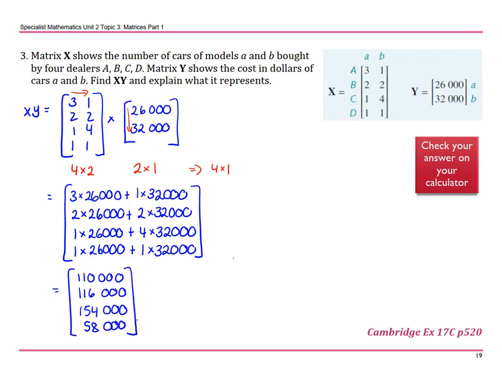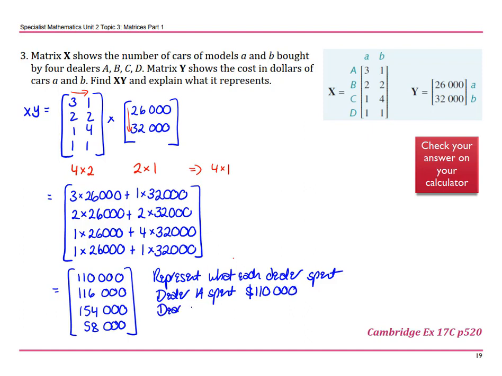So these amounts represent what each dealer spent. So dealer A spent 110,000.